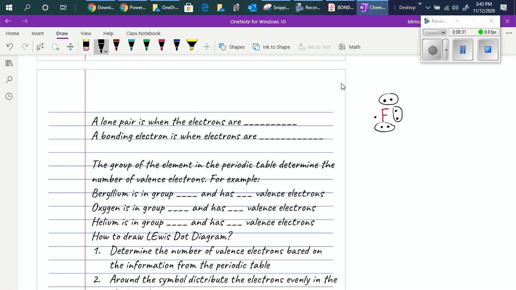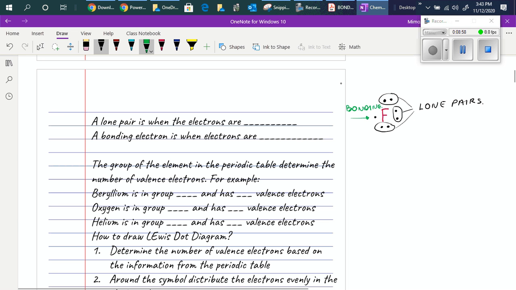So those electrons are known as the lone pairs, in difference with the bonding electrons that are single.